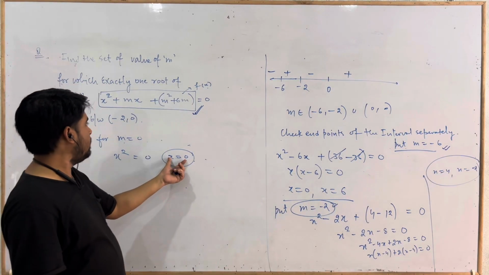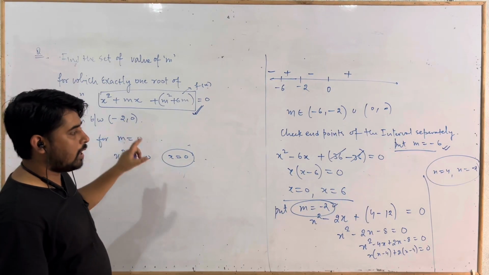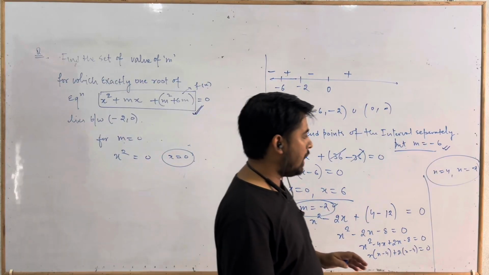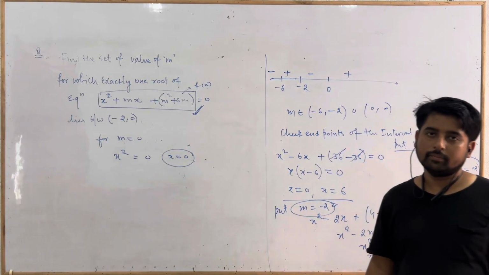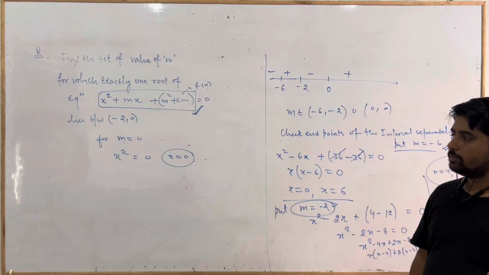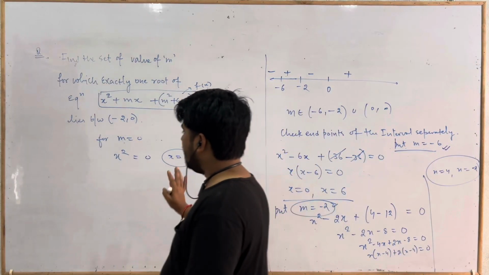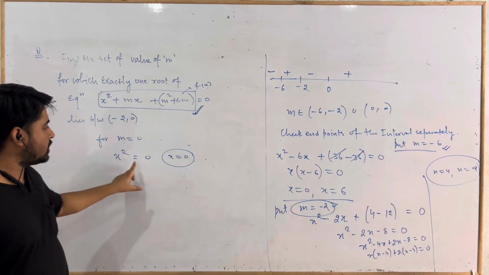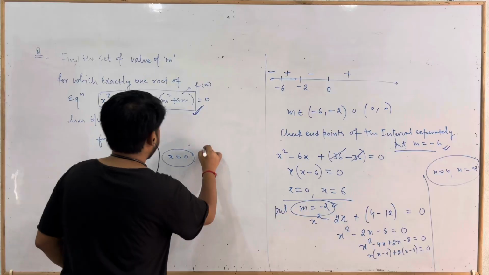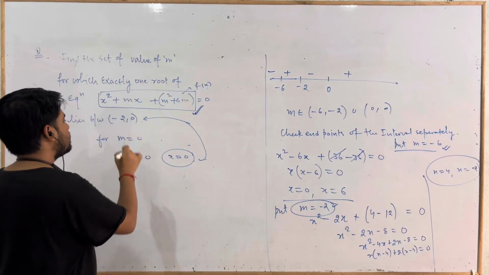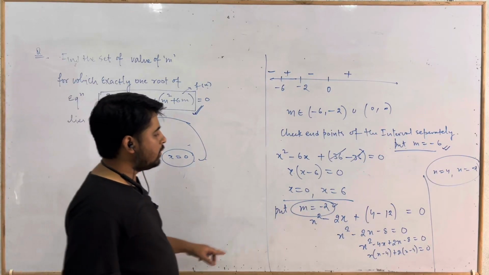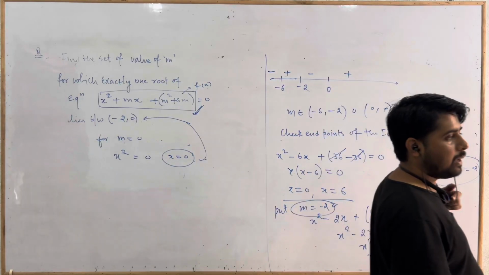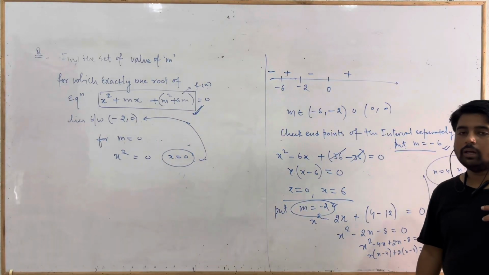Is there any root between minus 2 to 0? I will say no. Again there is no root. Are you getting my point? When I put m equal to 0, I get x square, and this term will be 0. So x equal to 0, and x equal to 0 is not lying between minus 2 to 0. That means m equal to 0 also does not follow the condition.